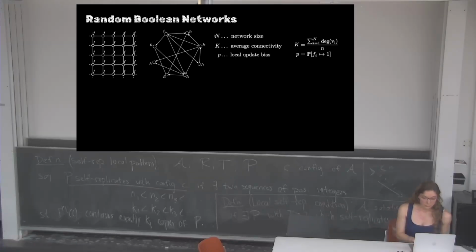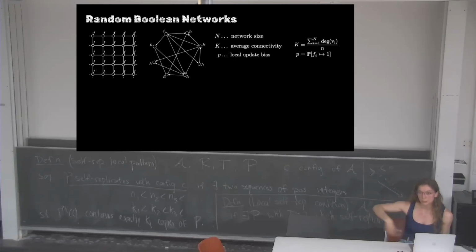So given a network size and an average connectivity, which is just the average in-degree of a vertex, we can sample random Boolean networks with that particular connectivity. And secondly, we randomly sample a Boolean function for each vertex, whose arity is exactly the in-degree of that vertex, which will essentially be the local update rule for that particular vertex.